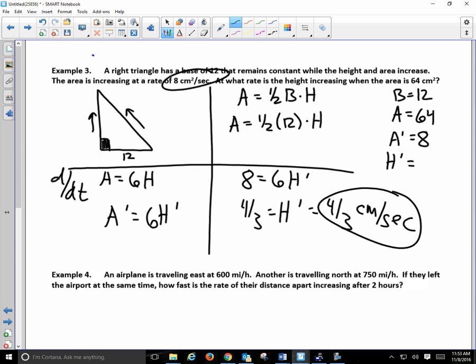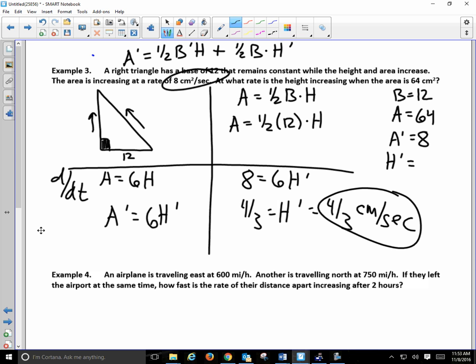Watch how I work this out using the product rule. A prime is equal to, what's the derivative of 1/2 B? 1/2 B prime times H plus 1/2 B times the derivative of H, H prime. Now as you work this out, is the base changing?